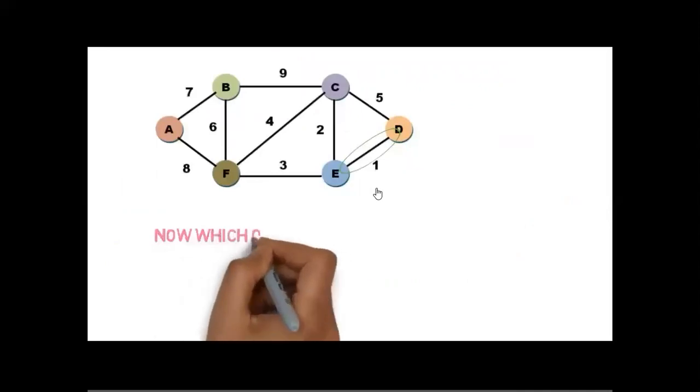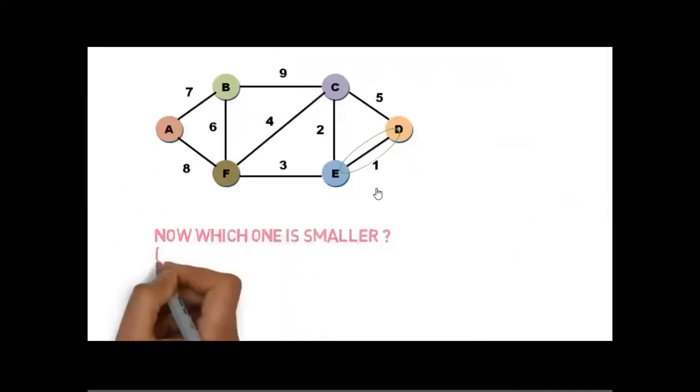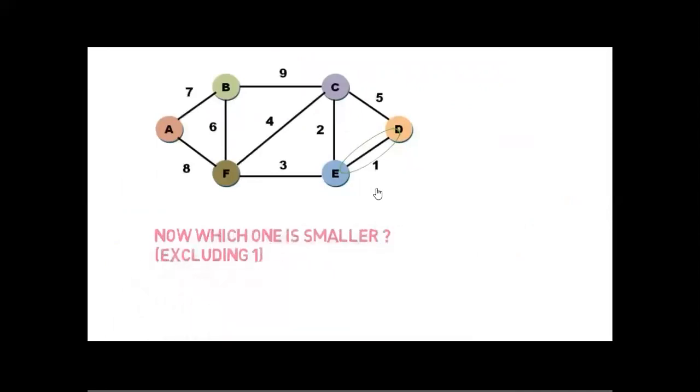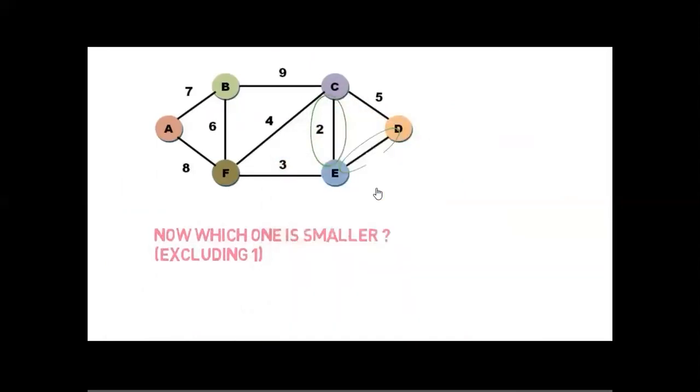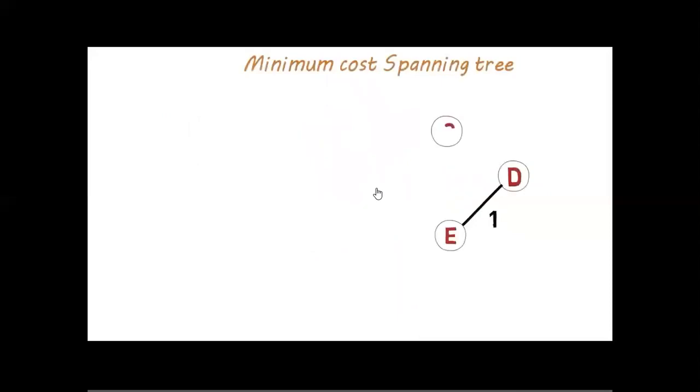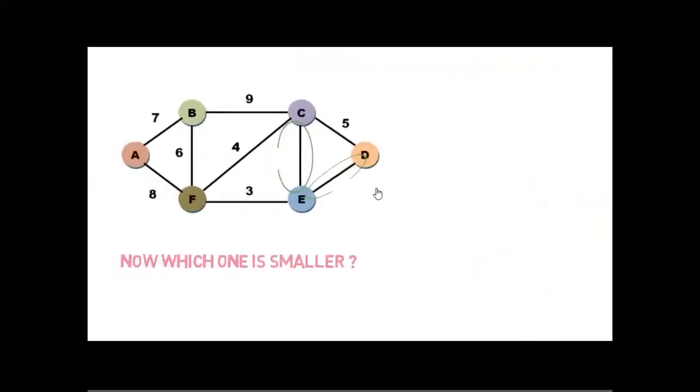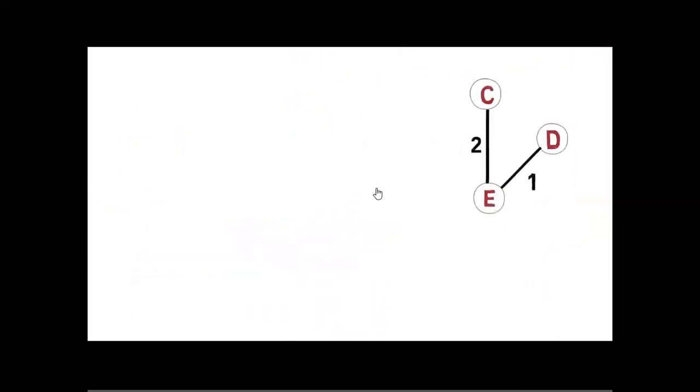Next minimum cost is C to E. So select the C to E edge. And the next edge is E to F with weight 3.